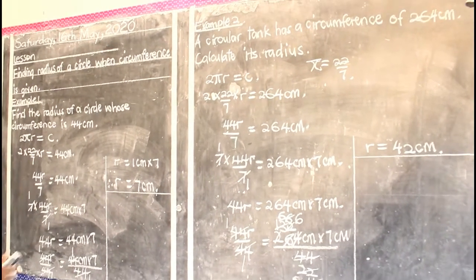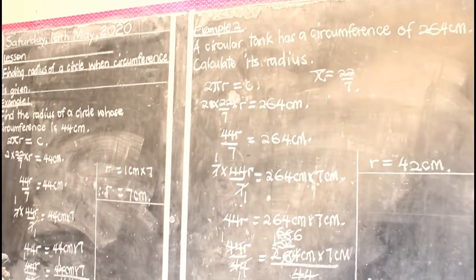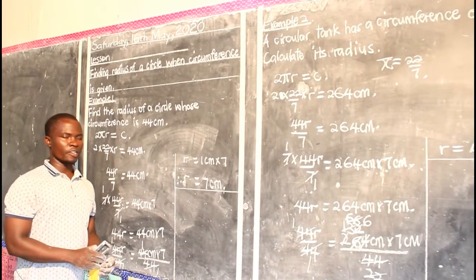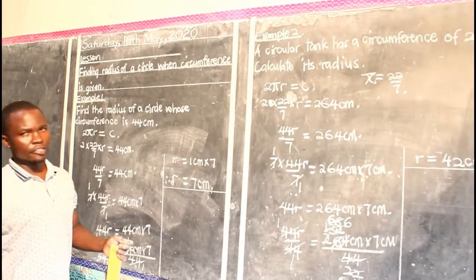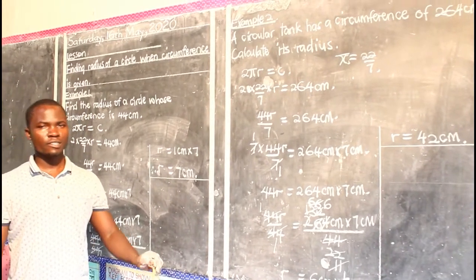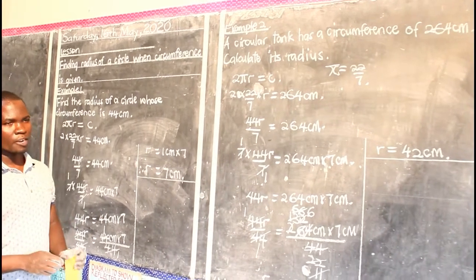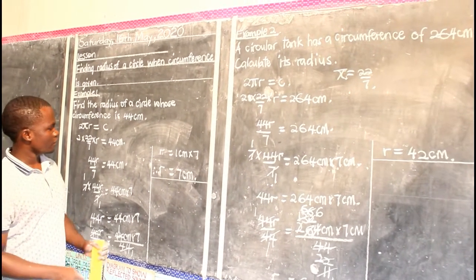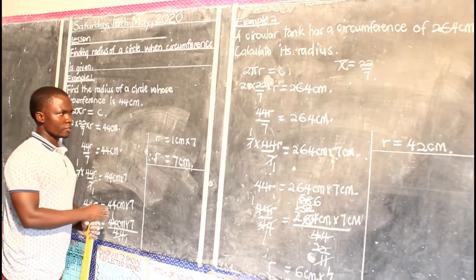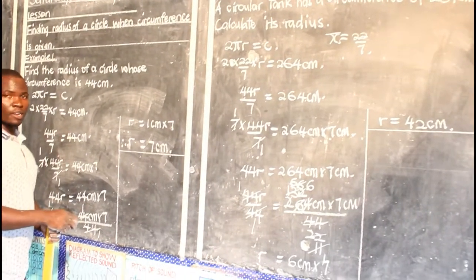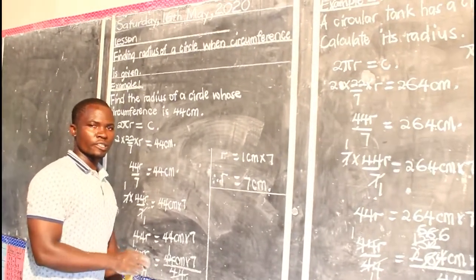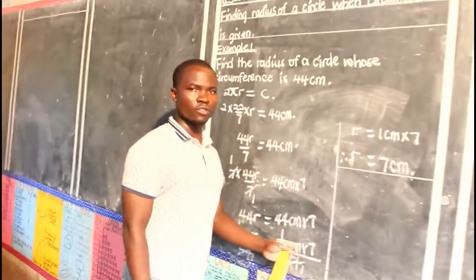So, with that class, I'm going to give you some work and you answer. After answering, take a picture of the activity that you have answered, then send it to my WhatsApp number. I'm going to mark it, and I tell you how you have gone about it. My WhatsApp number is down the screen, so you will use it and send to me the work. I look at it and we move on.